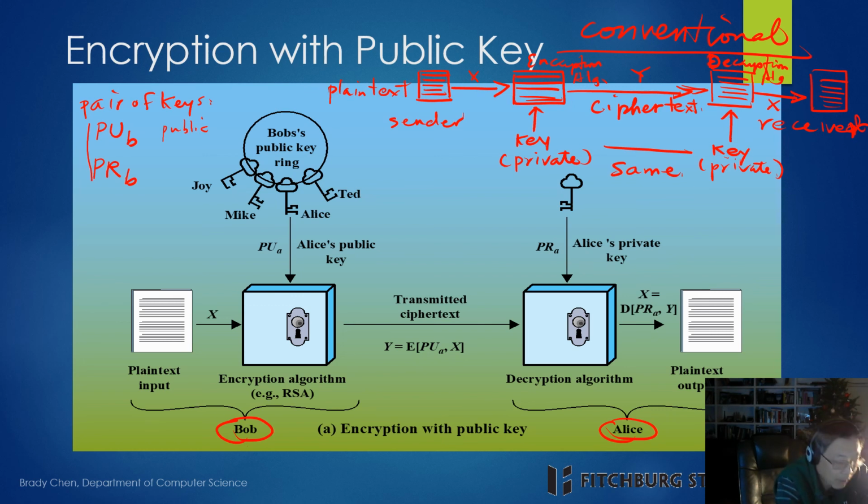And the same thing for Alice. Alice also needs to create her pair of keys: one is the public key for Alice, the other is the private key for Alice. Now Bob needs to create his public key and a private key, and Alice needs to create her own public key and a private key.